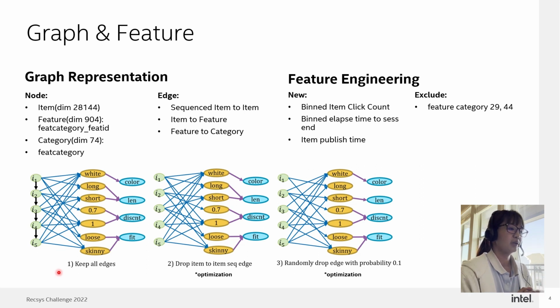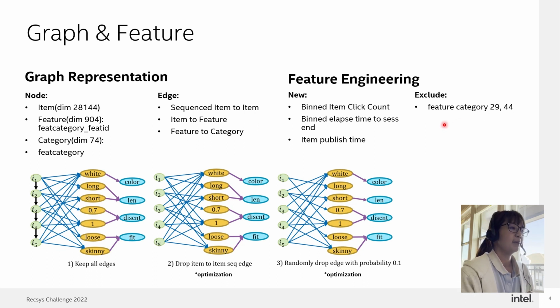So we tried excluding one category of feature each time to see if some category contributes conflicting information into our GNN, which brought the score down. This is why we exclude category 29 and 44.